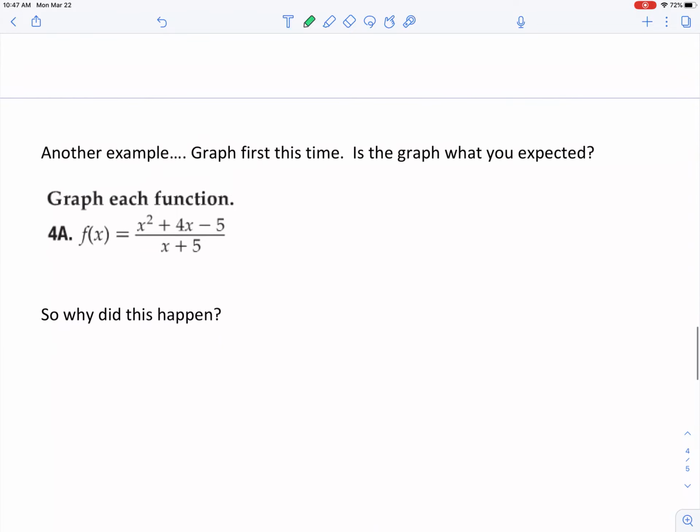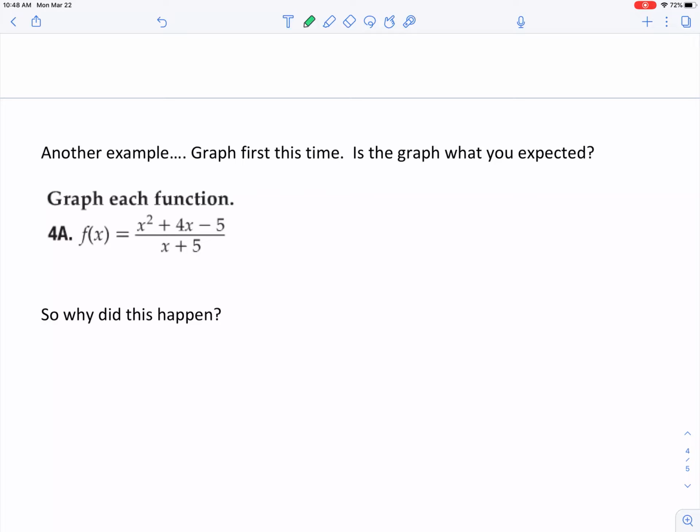Another example. We're going to graph this first this time, and see what we think. So when I graph this, and if you have a graphing calculator, that would be great if you're following along. Parentheses, x squared plus 4x minus 5. Make sure you close those parentheses before you hit that division sign. x plus 5.